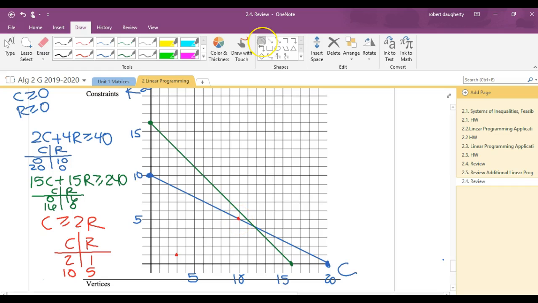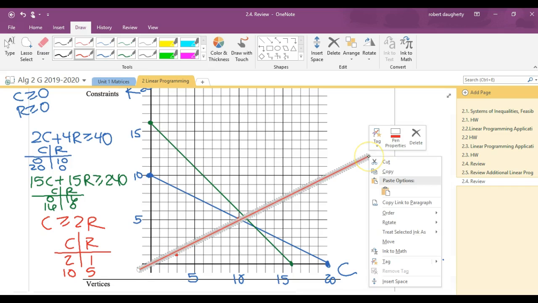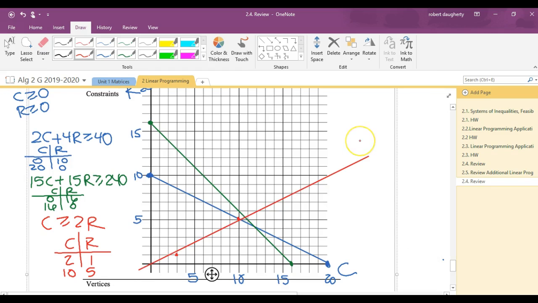And if I look at that line, something close to that, okay?